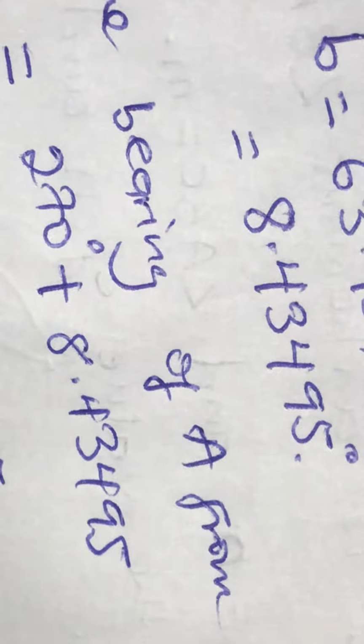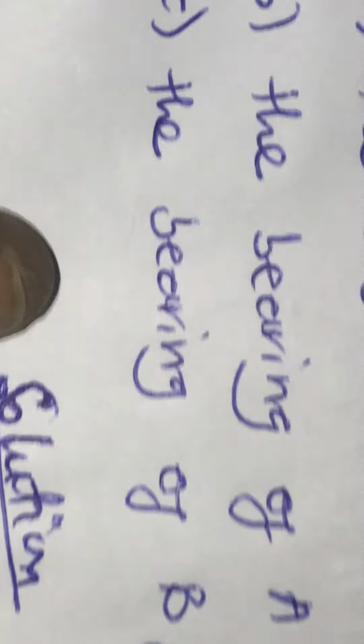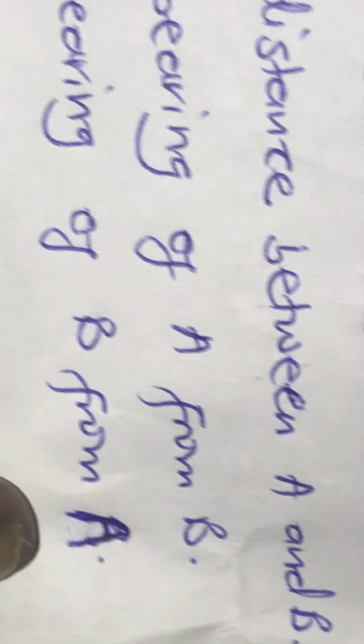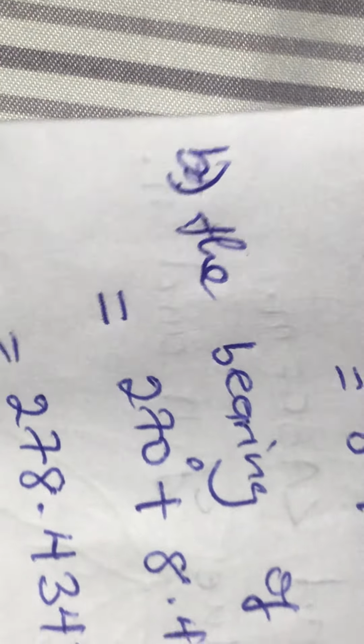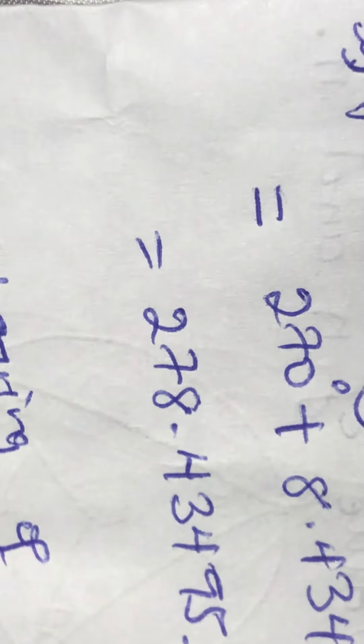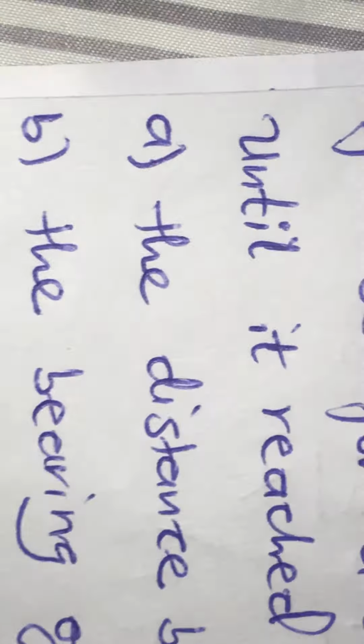Then the C also said that find the bearing of B from A. Bearing of B from A. So we can also say that the bearing of B from A is equal to, let's now come here.